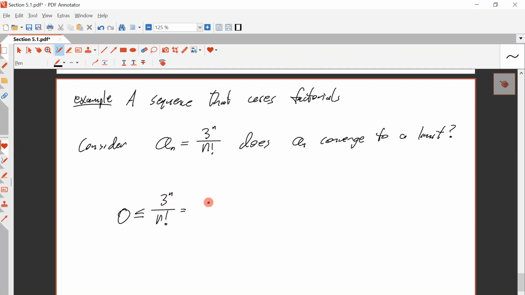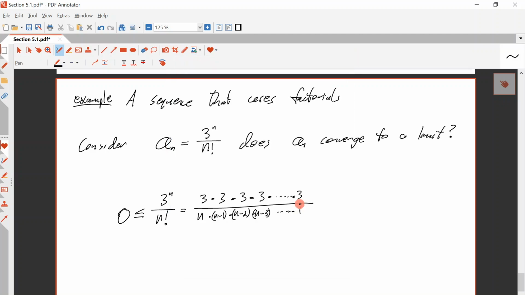3 to the n over n factorial is equal to 3 times 3 times 3 times 3, like that, over n factorial, which is n times n minus 1 times n minus 2 times n minus 3, all the way down to 1.